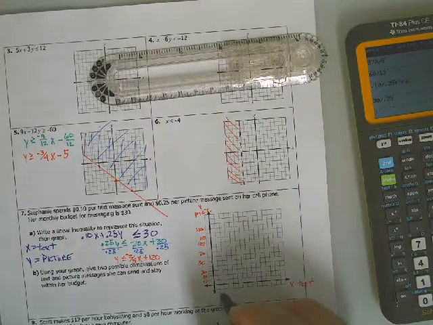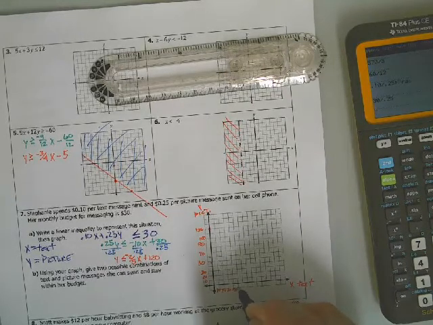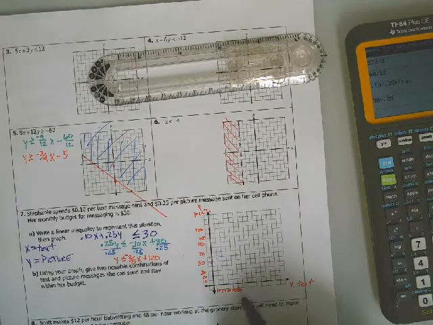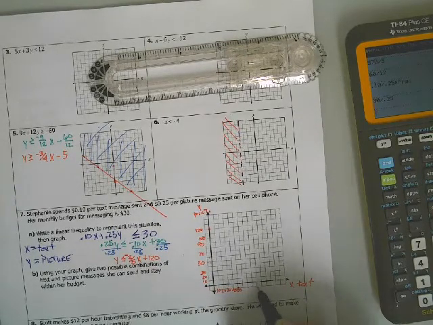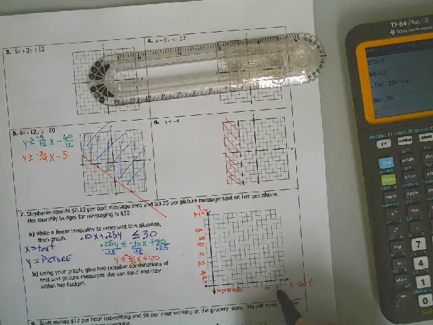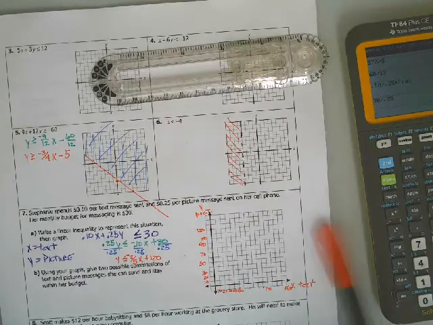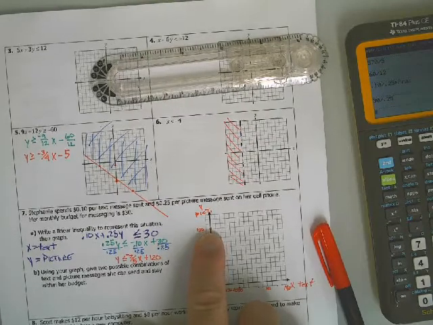Each one is 10, 10, 20, 30, 40, etc. 50, 60, 70, 80, 90, 100, 110, 120, 130, 140. My y-intercept is at 120.